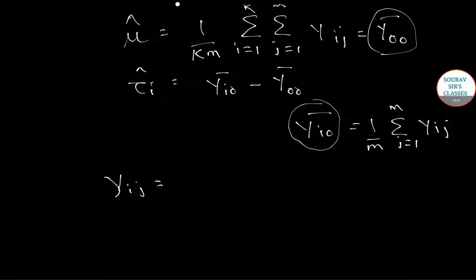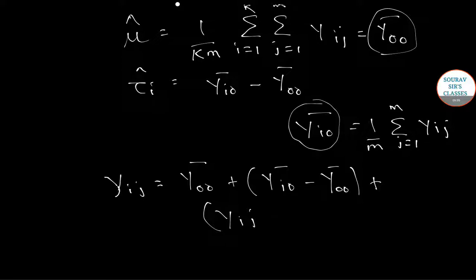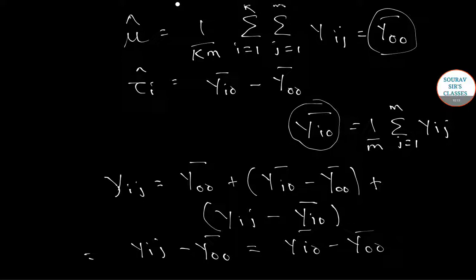Now we can write Yij as y double naught bar plus yi naught bar minus y double naught bar plus Yij minus yi naught bar, which is equal to Yij minus Y double naught bar, which is equal to Yi naught bar minus Y double naught bar plus Yij minus Yi naught bar.